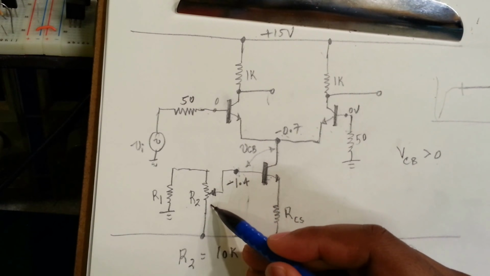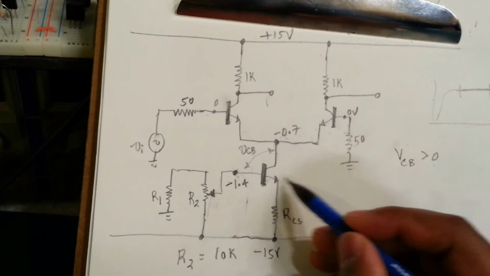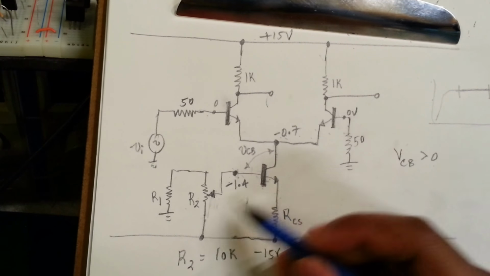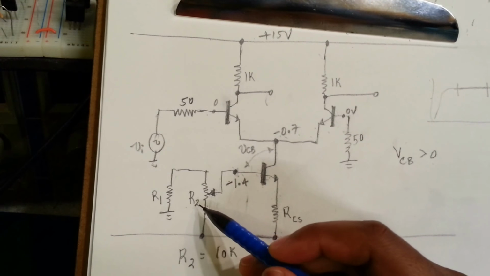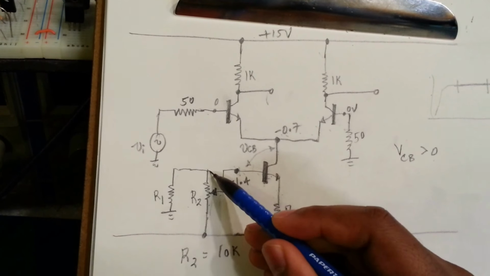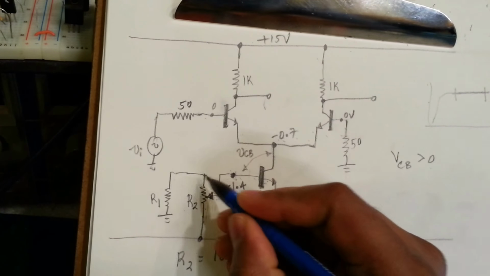If this tap goes lower and lower to this side, it's going to approach minus 15, which means we are turning off this base to emitter junction, which is good. So the highest positive voltage we'll get will be when this tap is here. So this minus 1.4 will be when this tap is here.